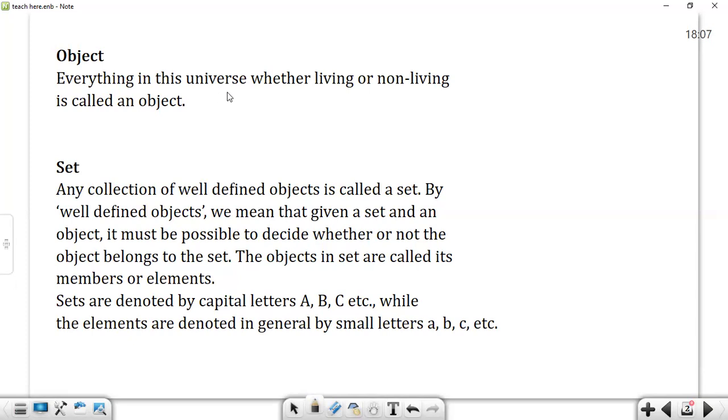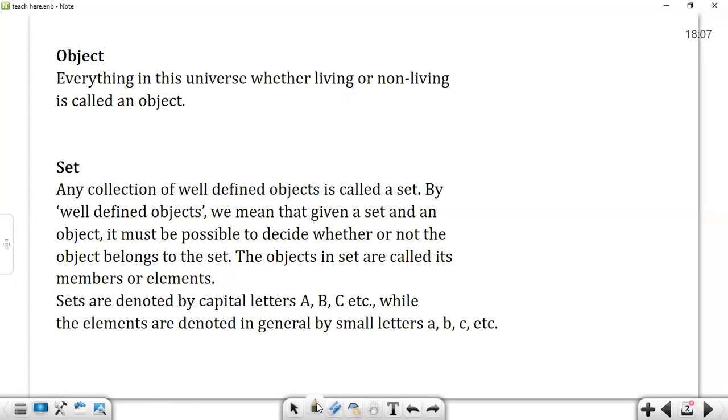Everything in this universe, whether living or non-living, is called an object in our mathematical language. Any collection of well-defined objects is called a set.